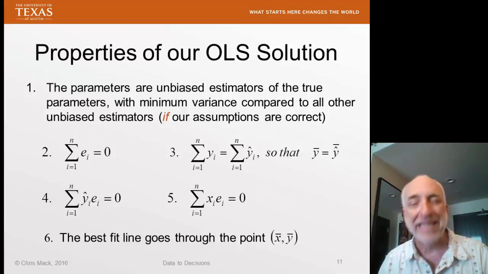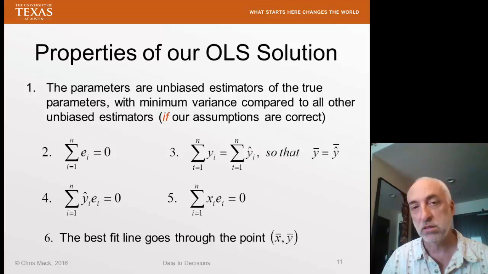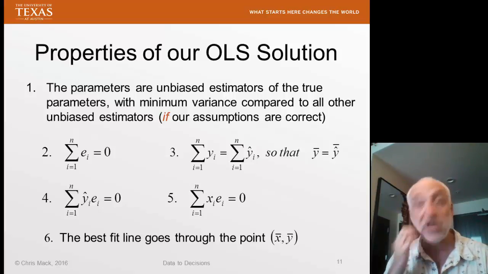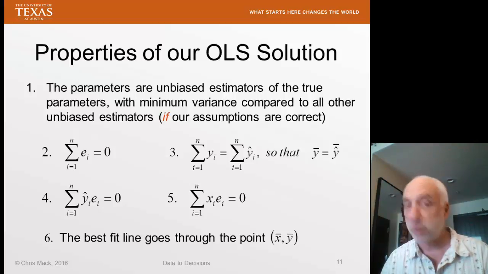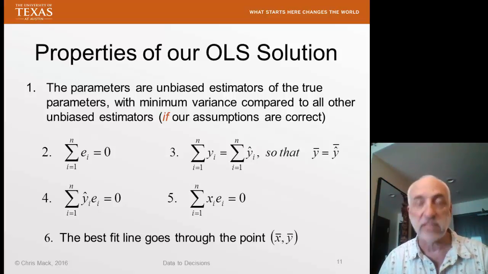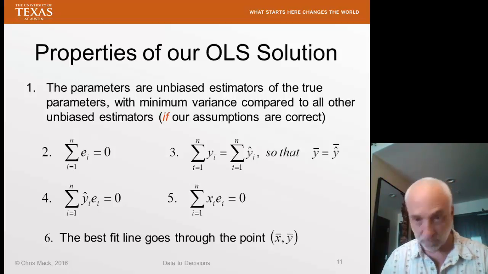In other words, there is not another estimator for the parameters of our model that produces an unbiased estimate that has a smaller variance. This is the best you can do. In fact, we have an acronym for it. We call it BLUE. This is the best linear, unbiased estimate that we'll be able to come up with. But that's only true if our assumptions are correct.